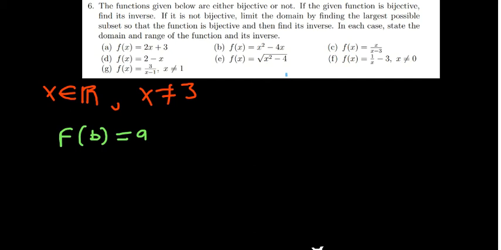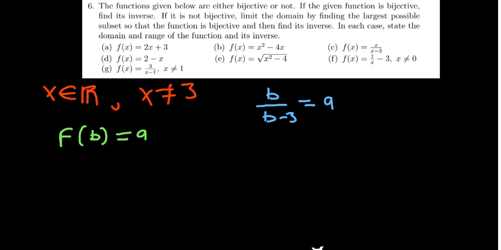So let's try to see if we look at that function which is x over x minus 3. So if I put b, I'll have b over b minus 3, which is equal to my y. So the value of y is a.